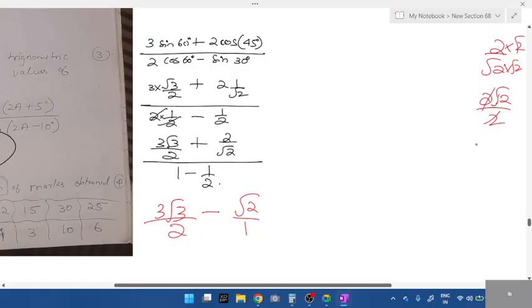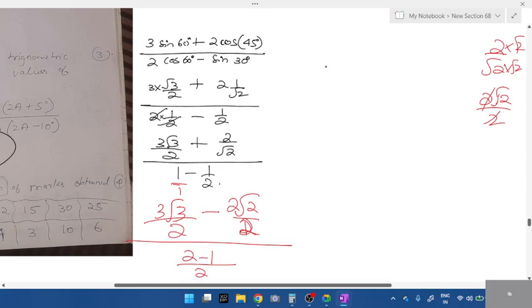Respond. Is this clear? Did you all do it? Okay, if you didn't cancel, what will you get? 2 root 2 divided by 2. No problem. If you're not cancelling, no problem. What's the LCM for this one? 2. You get 2 minus 1.